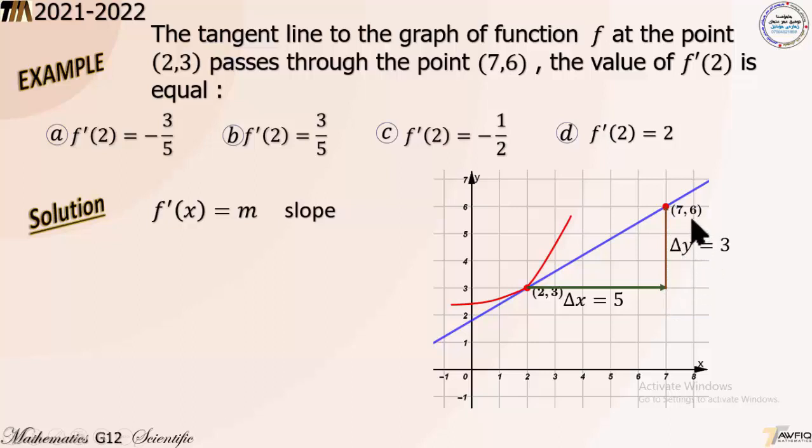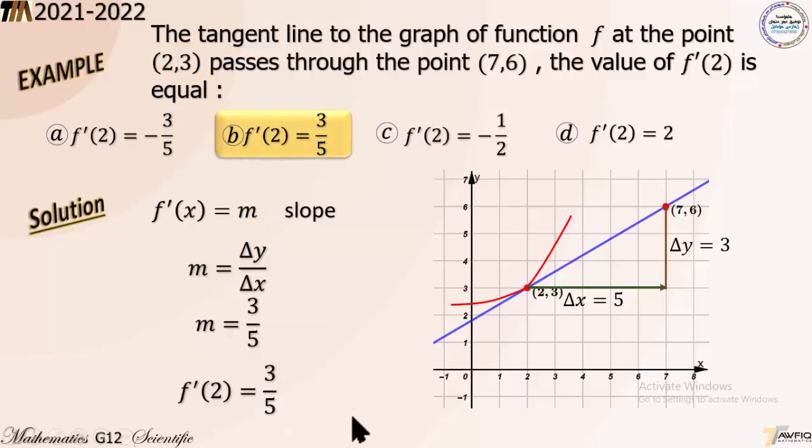Or we can say 6 minus 3 is 3. We know that the slope of this tangent line is equal delta y over delta x. That means the slope of this line is 3 over 5. Because it is a tangent line, the derivative at x equal to 2 is 3 over 5. That means B is the correct answer.